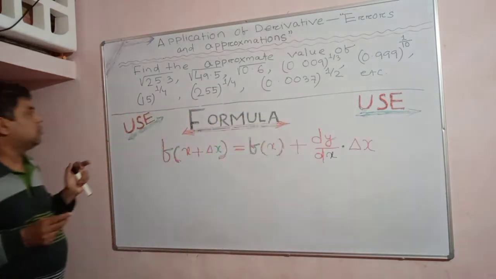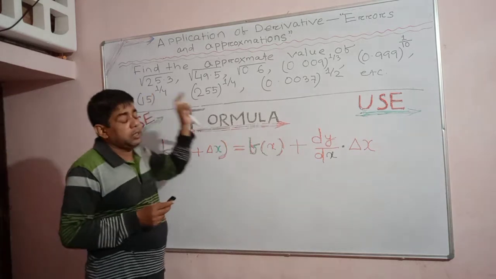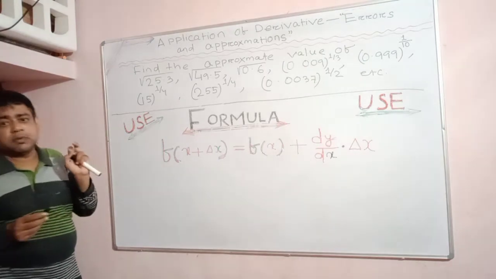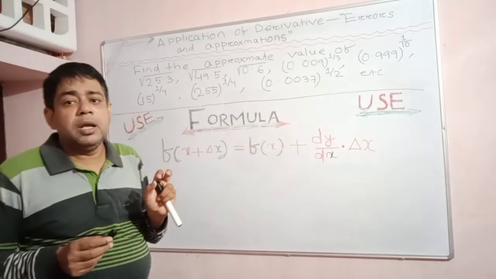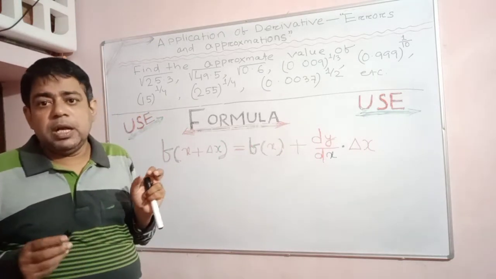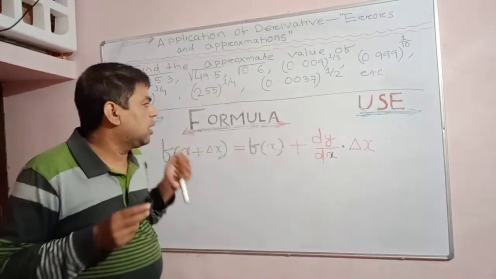Such kind of numbers, we can find out the approximate value of these numbers using the concept of errors and approximation. This is one of the very important concepts, and it is one of the easiest concepts.